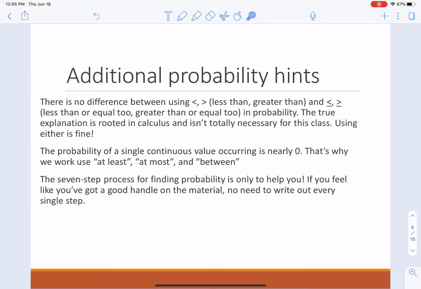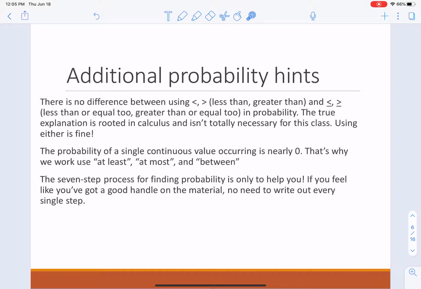There's a big explanation that utilizes calculus. We don't need that. We're not even close to needing that in this class. So don't worry about it. The take home is you can use either, and it means the same thing. So that's kind of nice.